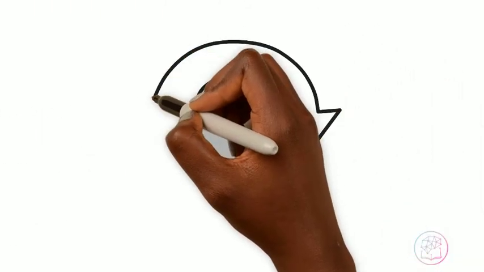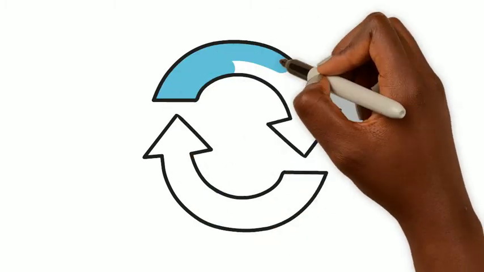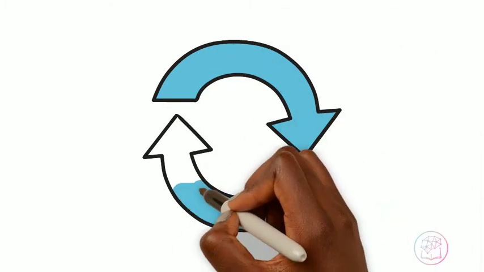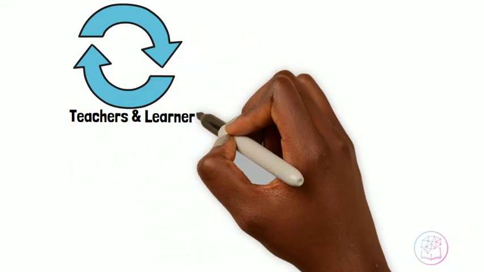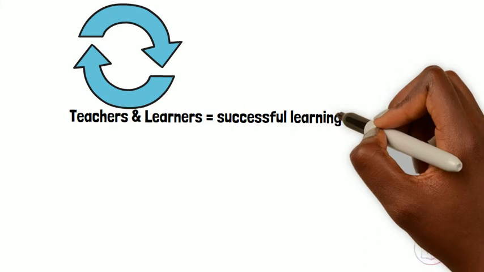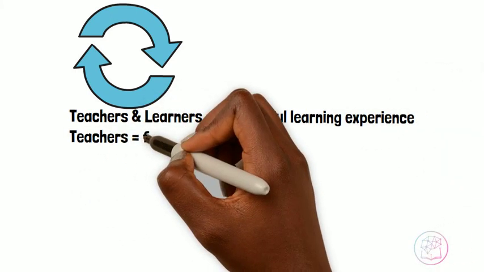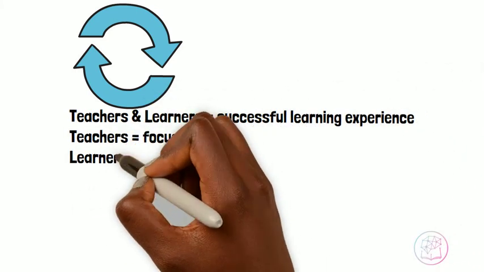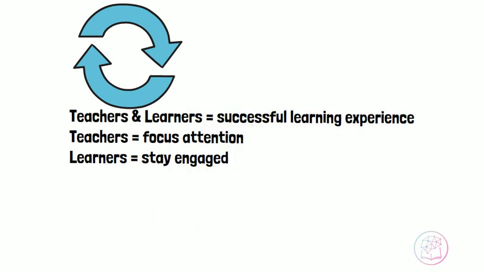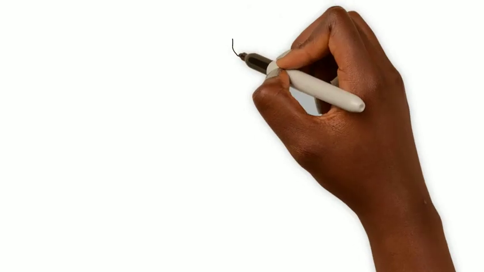As they reached the outskirts of their hometown, Susan and Elizabeth shared how much teachers and learners need one another to make any learning experience successful. Susan shared how teachers should intentionally focus the attention of their learners on the most important concepts and principles in the learning material, and Elizabeth shared how important it is for learners to take the teacher's hand and to stay engaged in the learning process.